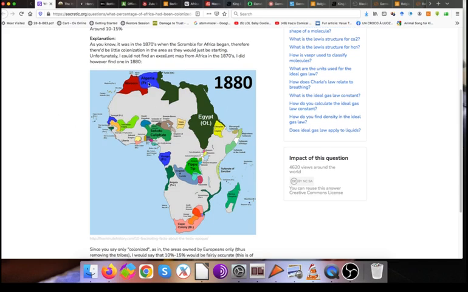France had, as far back as 1830, begun the colonization of Algeria. That's right at the top of North Africa.